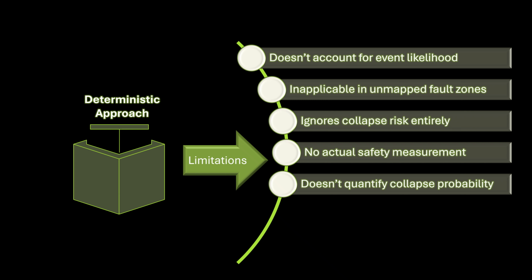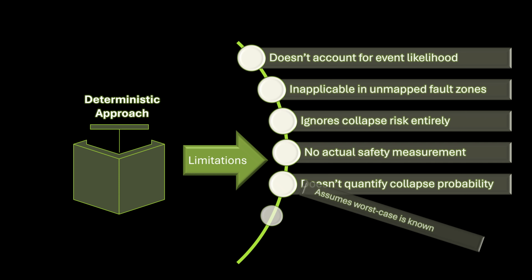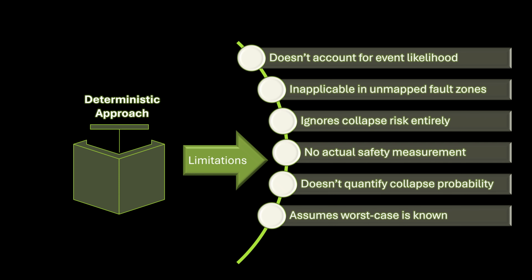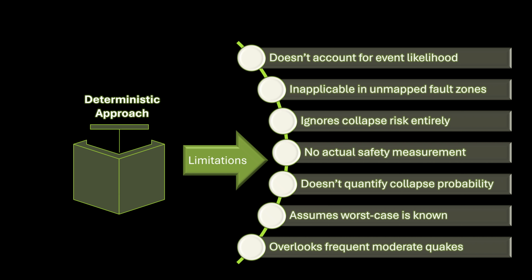It also assumes we've correctly identified the worst-case scenario, without accounting for uncertainty in earthquake size, location, or ground motion. And finally, it ignores the possibility of more frequent, moderate events that might still cause significant damage. So, while designing for the big one may hedge against collapse, it does so in a narrow and uncalibrated way.